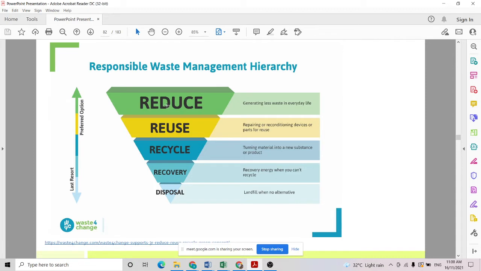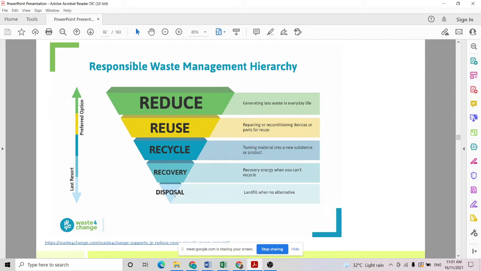If you want to use it, you can use it many times, and at the end of the day it can be recycled. Then, ensure that during recycling it can be decomposed, composed with the land. That is what is meant by recovery.